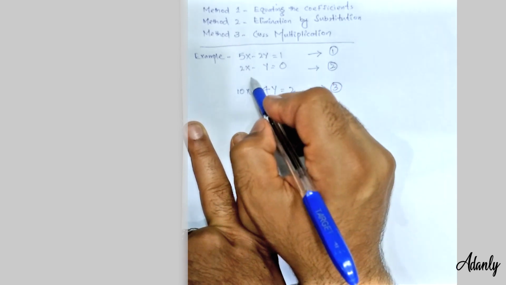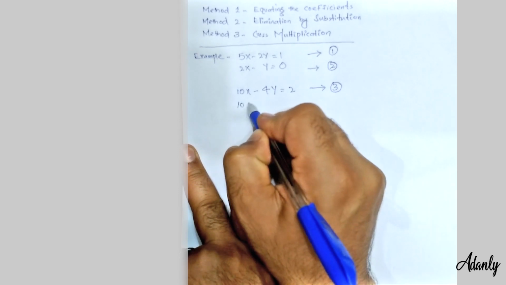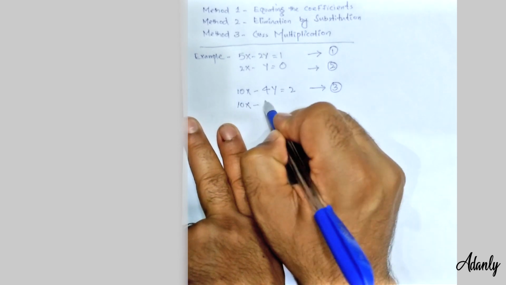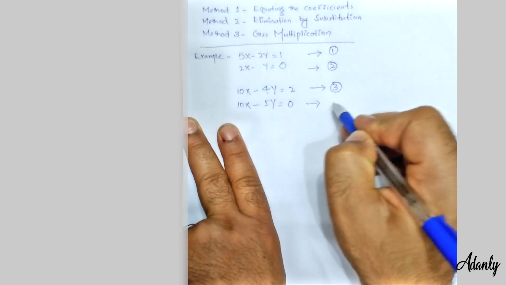Now multiplying equation 2 by 5 will give us 10x minus 5y equals 0, which is equation number 4.